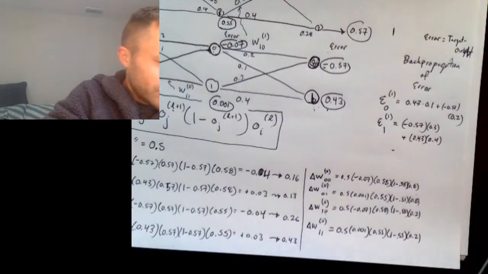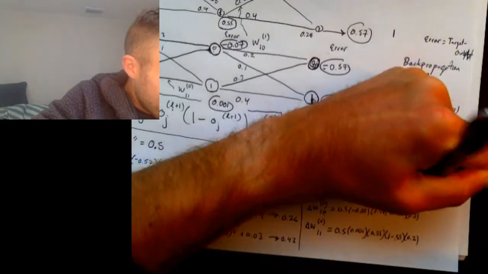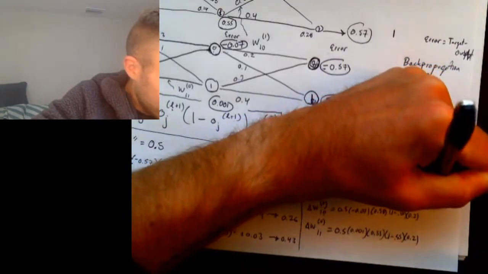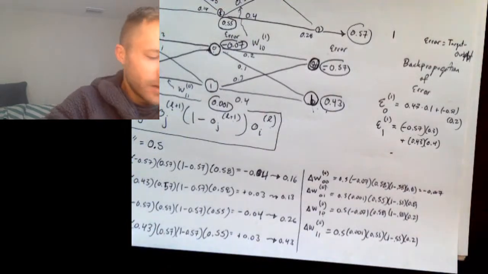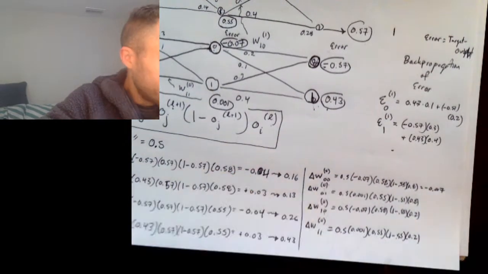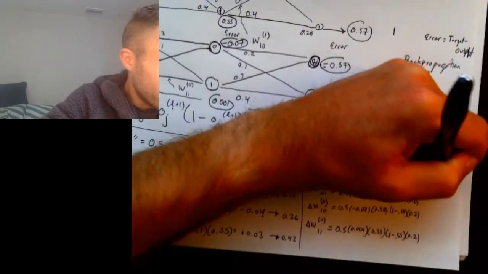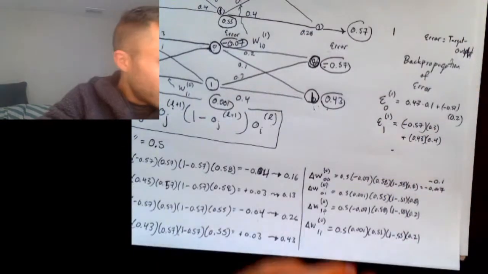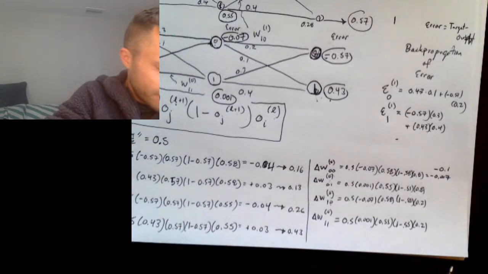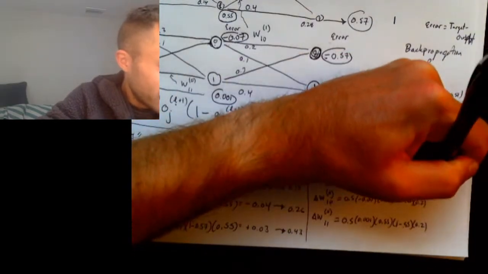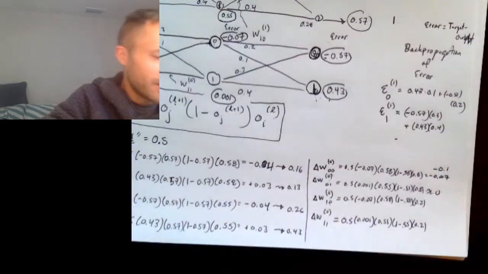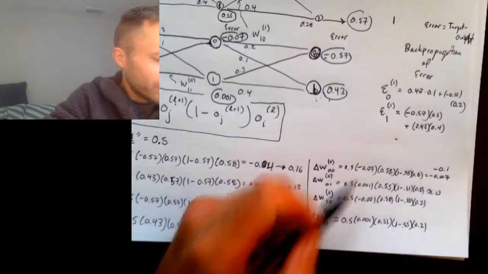So this one has a delta of minus 0.007. This one, I'm just going to call that minus 0.1. This one has a delta of approximately 0, because this number is so small.